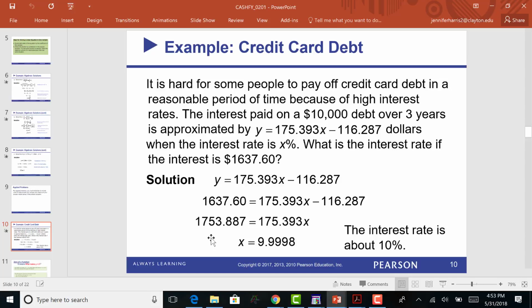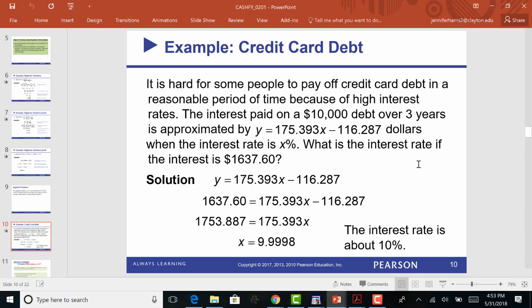Are you okay with the conversation? All right. Now look at the last question in the paragraph. It says, what is the interest rate if I paid $1,637.60 in interest? This is how much extra money I paid them over what I borrowed. They're asking what is the interest rate. Are they asking you for an input value or an output value? Input. I want to know what the interest rate was that caused me to have to pay that $1,637.60.